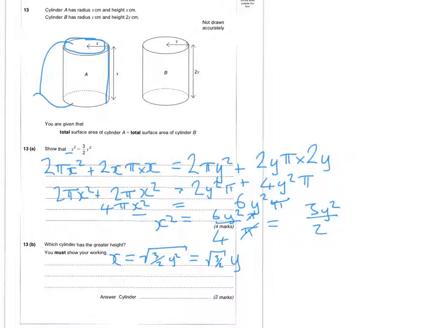Okay, from my calculator I know that the square root of 3 over 2 is less than 2, so x must be less than 2y. So the taller cylinder must be B.